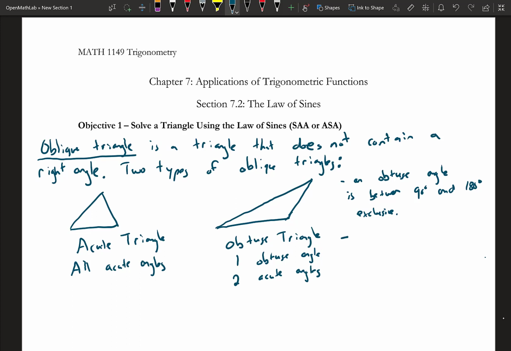Just a refresher, acute angles are between 0 degrees and 90 degrees exclusive, so again, not including 0 or 90. An acute angle is less than a right angle. An obtuse angle is bigger than a right angle but smaller than a straight angle.